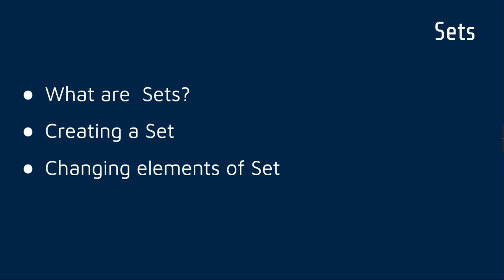So now, coming to the first basic question of what are sets. Sets are nothing but an unordered collection of elements that we can give. Sets are very similar to what we see in a dictionary.